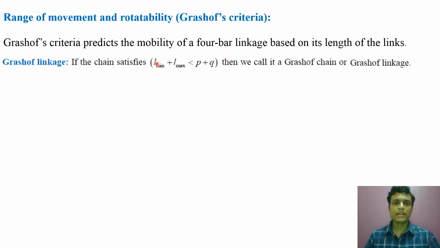L is the shortest link length, L max is the longest link length, and P and Q are the lengths of the other two links. So if a 4-bar mechanism satisfies this condition, then it is called a Grashof chain or Grashof linkage.